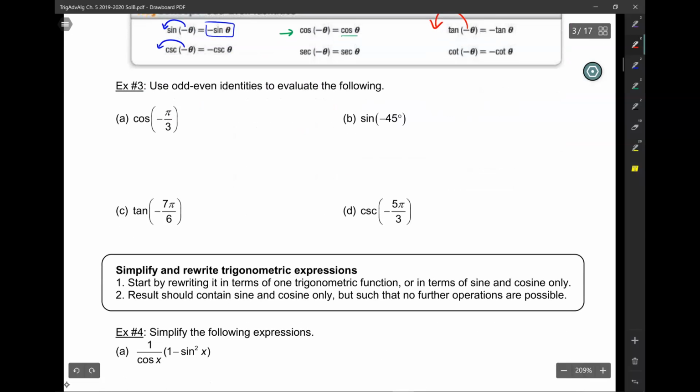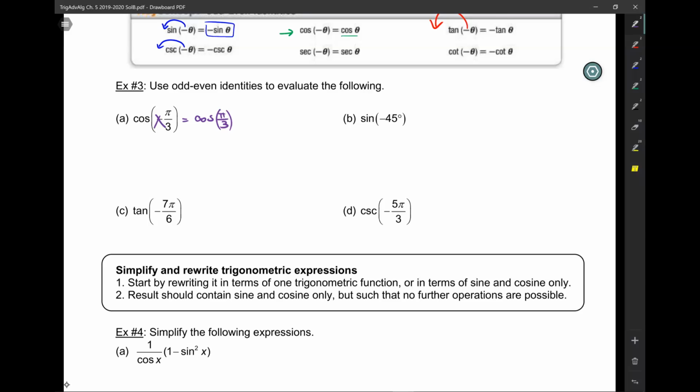All right. So for the first few here, we're just going to evaluate these. For the first one, I have cosine of negative pi over 3. If you have cosine of a negative angle, what happens to the negative? It gets engulfed and it just goes away. So that is the same as cosine of pi over 3.